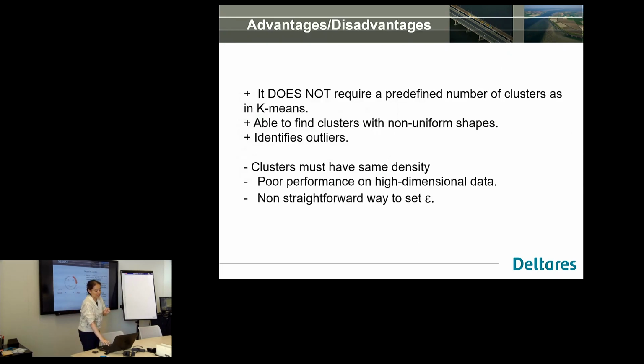The advantage of this algorithm is that you don't have to specify the number of clusters, but now you have to specify the epsilon, which is very tricky. But apart from that, the nice thing is that after running your code, you are going to have the number of clusters that your data has.